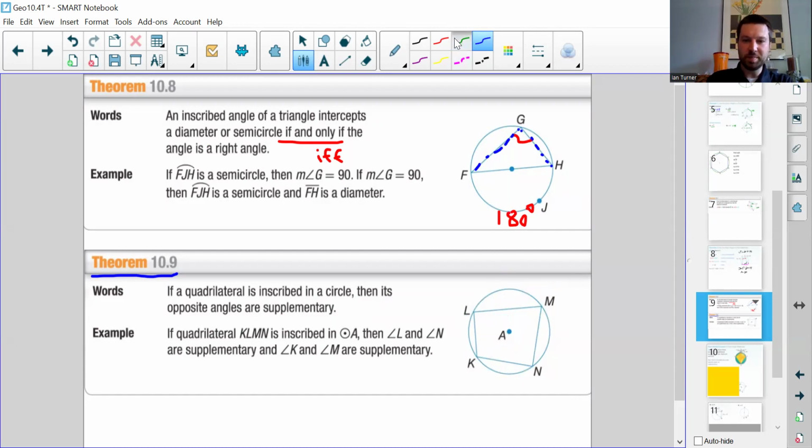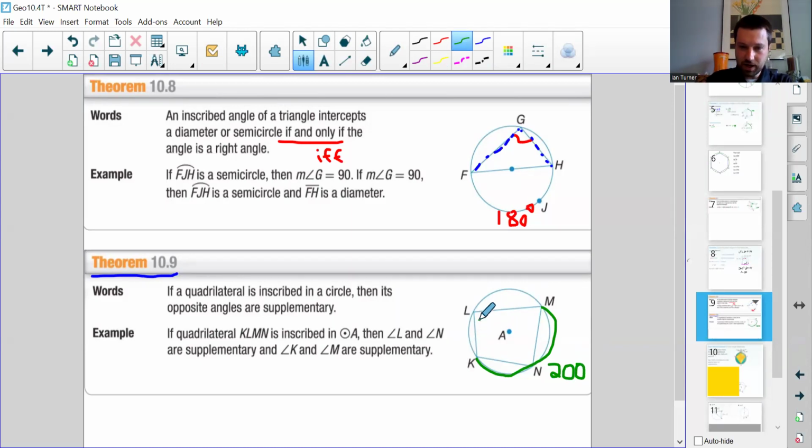Let me give you an example. Let's say KM, let's call that 200 degrees, okay? Let's call KM 200 degrees. That would mean angle L is half of that, okay?